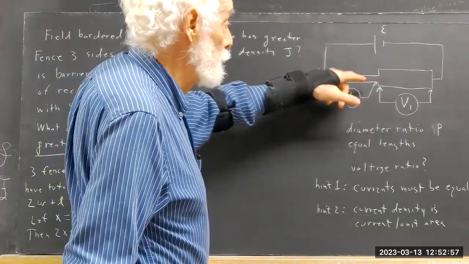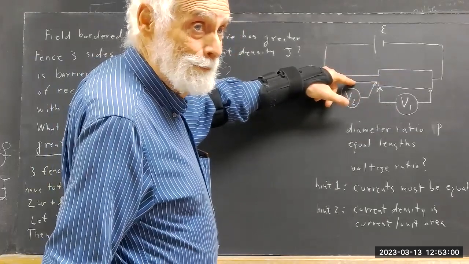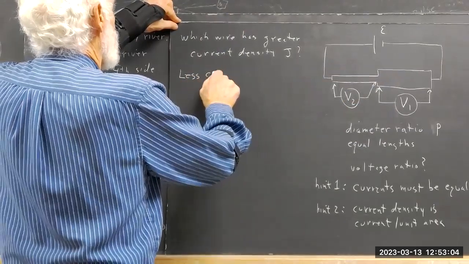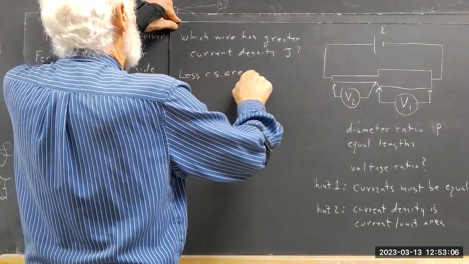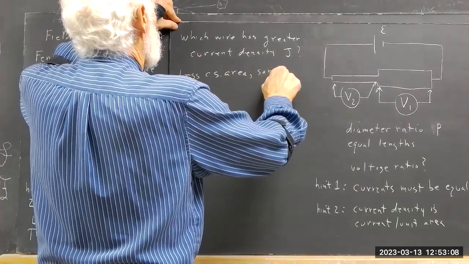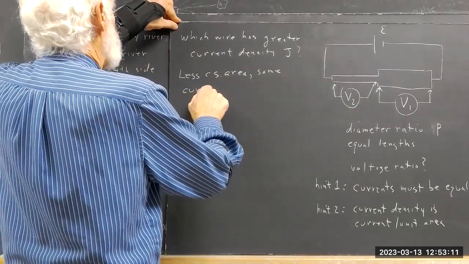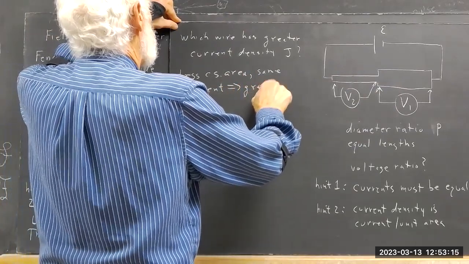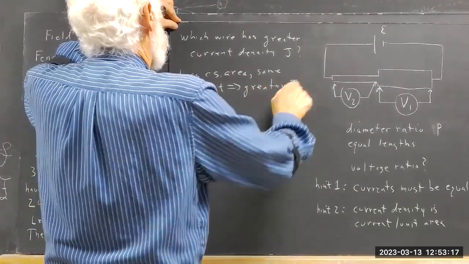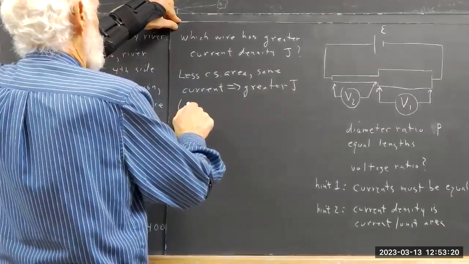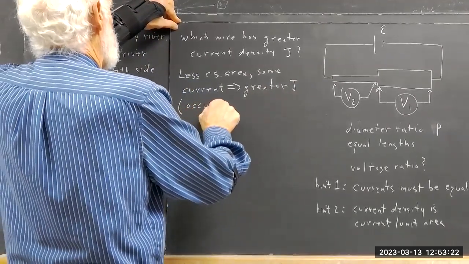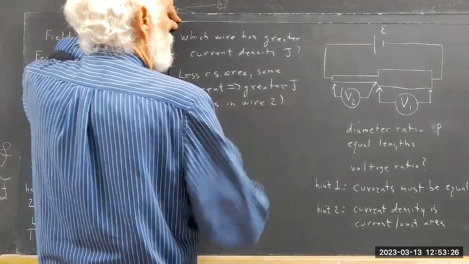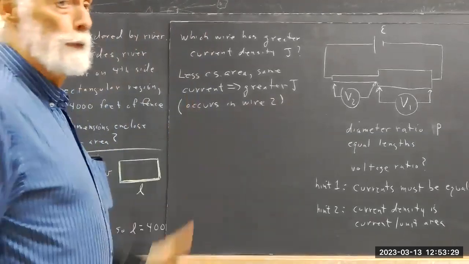They have to have the same current, and this one has less area. That occurs in wire two.